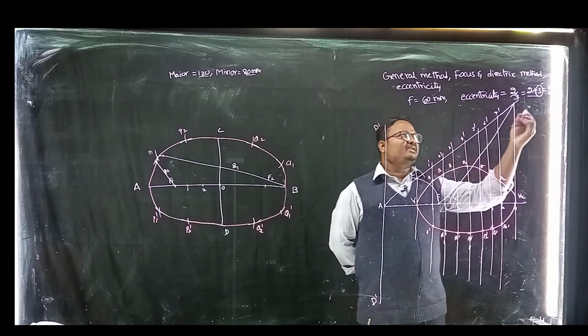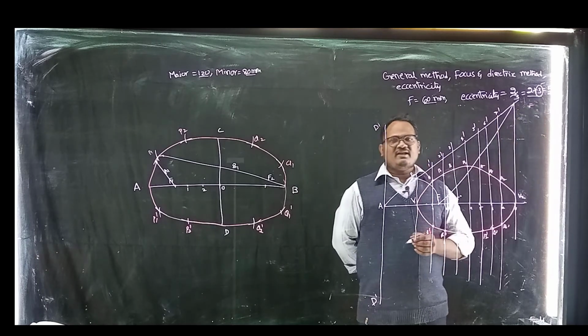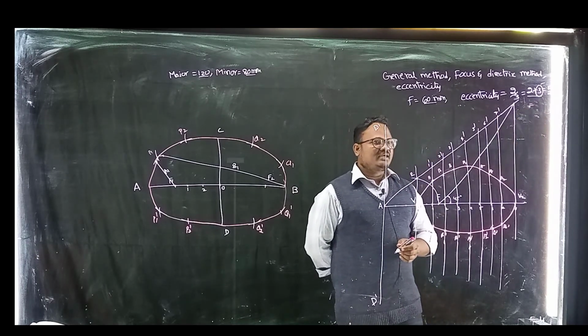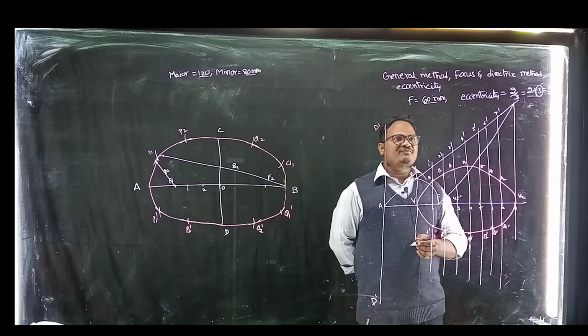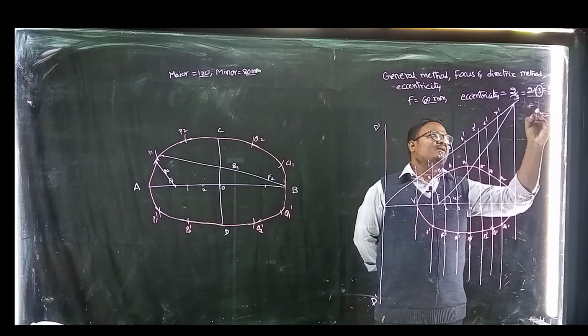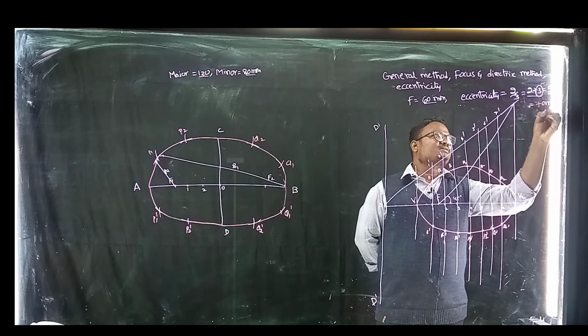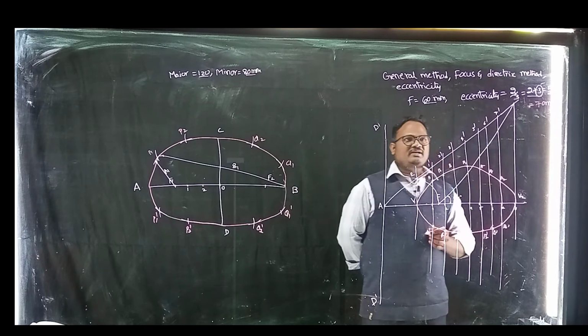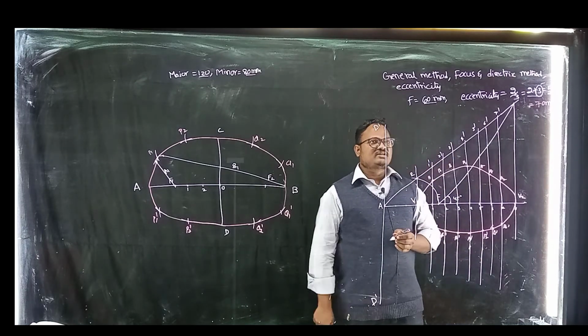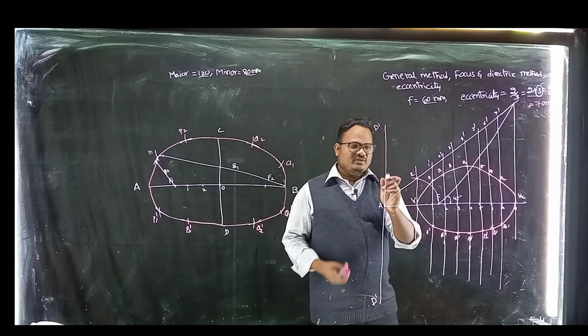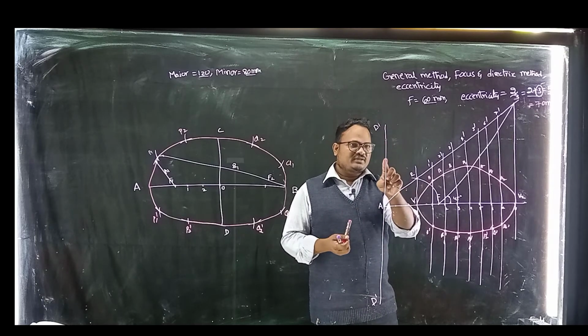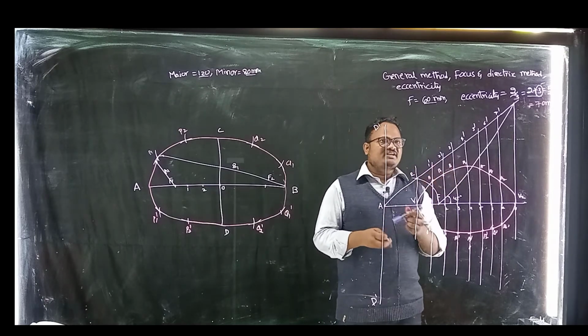Sometimes they may ask for the normal and tangent also. They will ask to draw a normal and tangent at a distance of 70 mm from the directrix, or 60 mm from the directrix. I am considering 70 mm from the directrix. From this directrix, consider 70 mm horizontally.